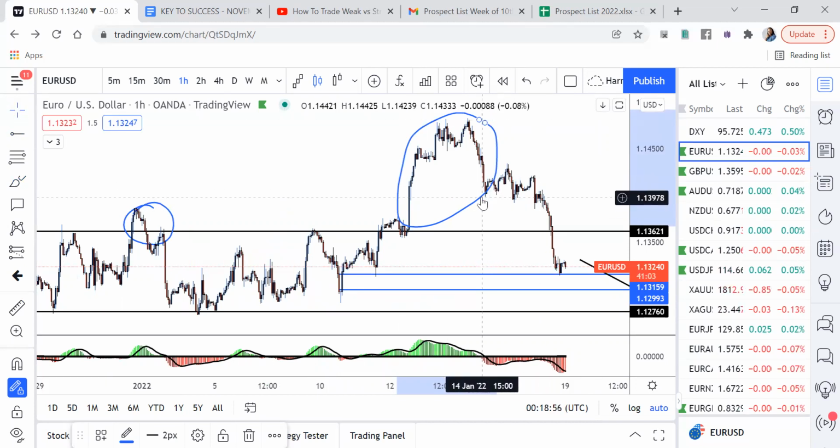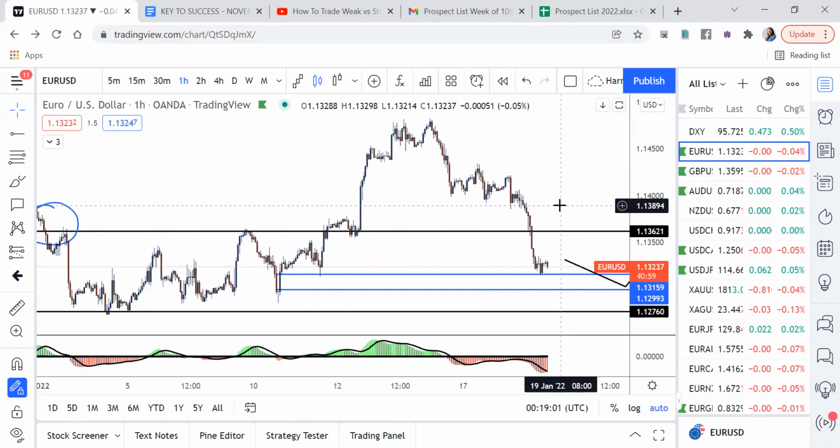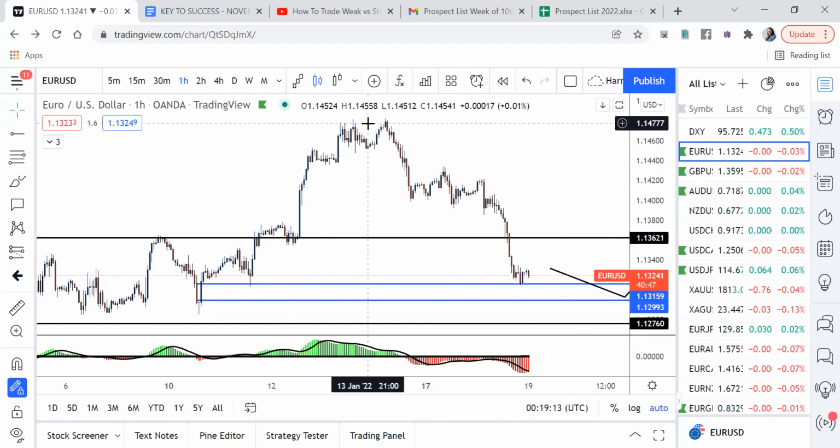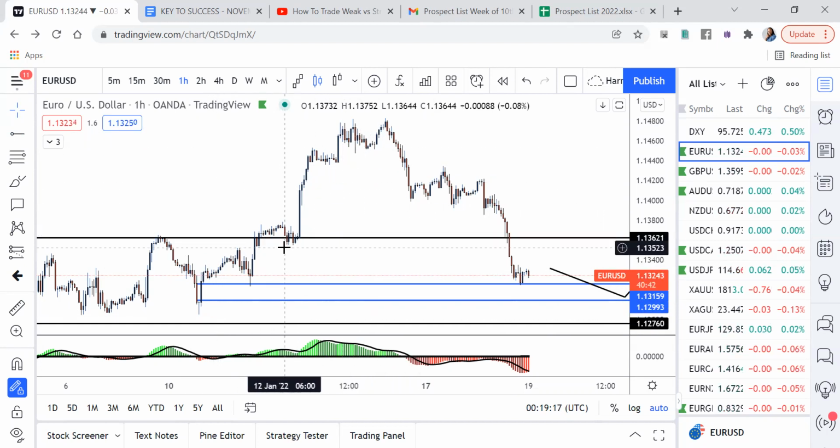Now, what price is doing is that price is coming back in to fill the space. And I want you guys to always look and see if there's space to be filled. By space to be filled, what I mean, when price takes off, right? When price takes off, you want to look for space where price would not have retested.